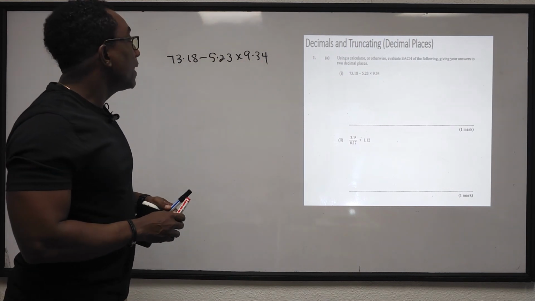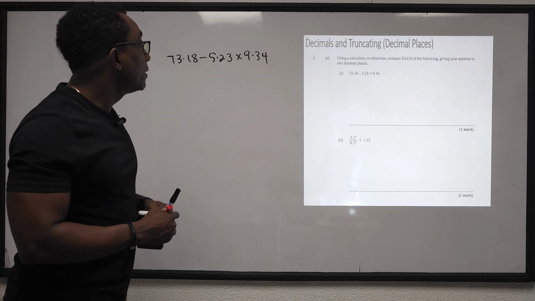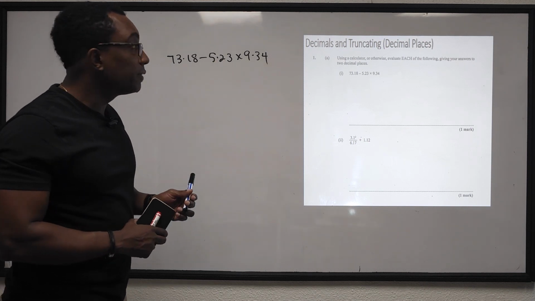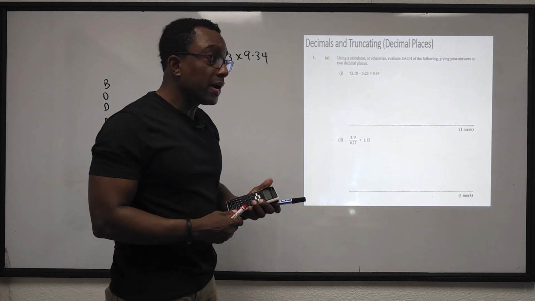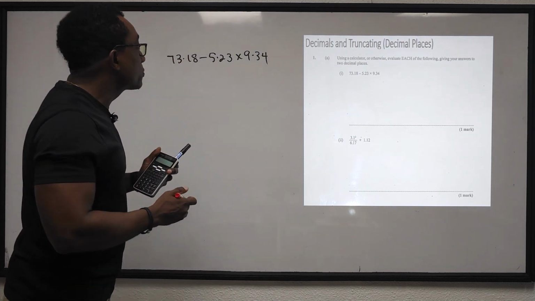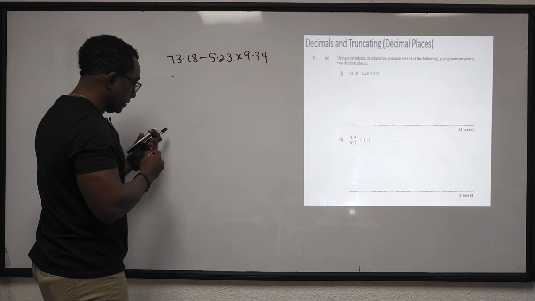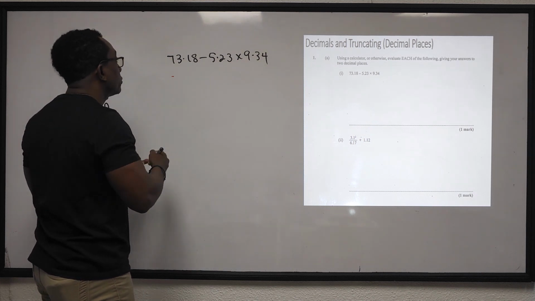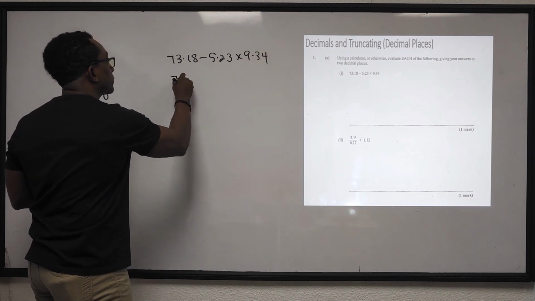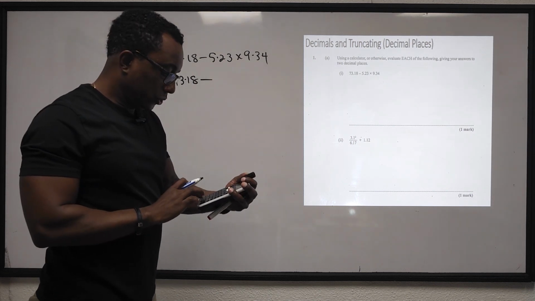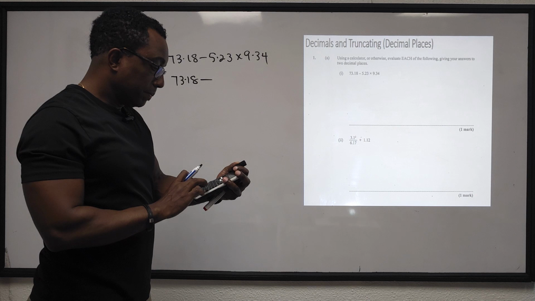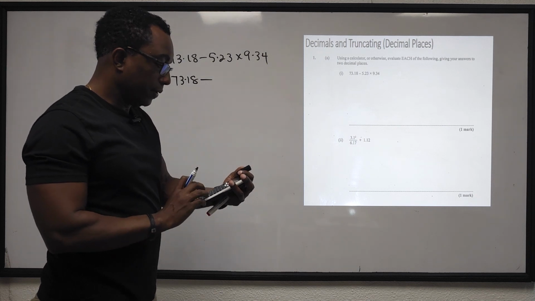We're going to multiply those 2 decimal numbers, 5.23 multiplied by 9.34. And of course, as mentioned in the question, using a calculator. So maintaining the order, this will be 73.18 subtract, let's multiply 5.23 multiplied by 9.34.